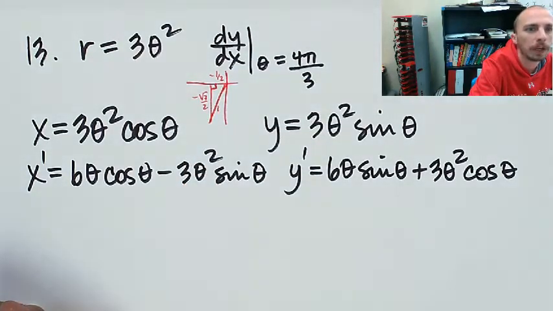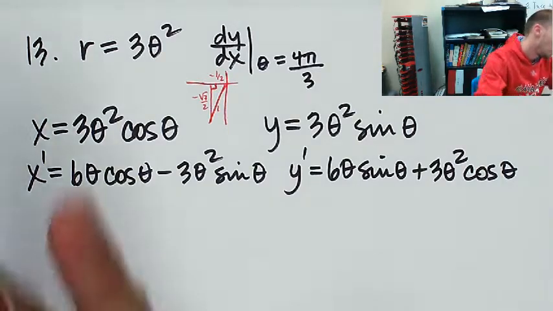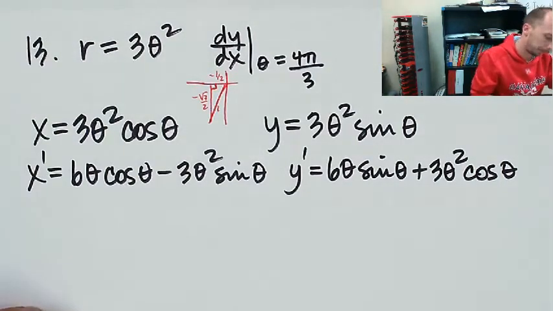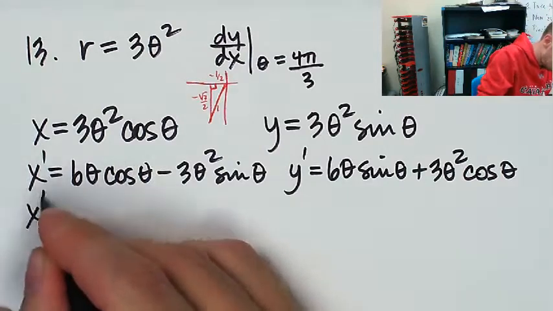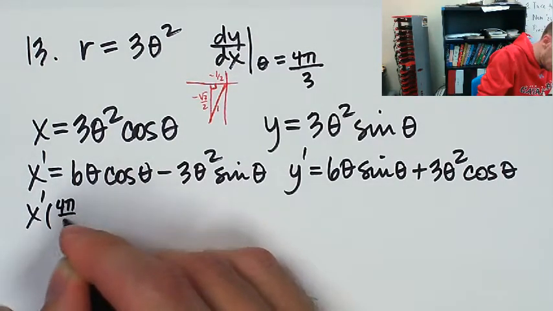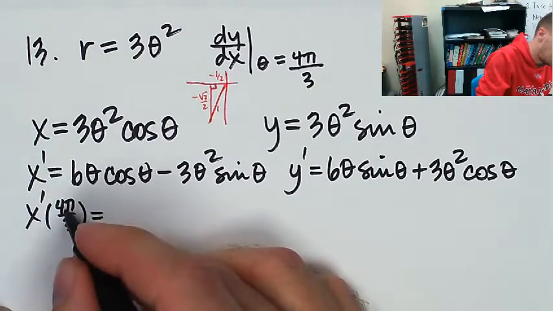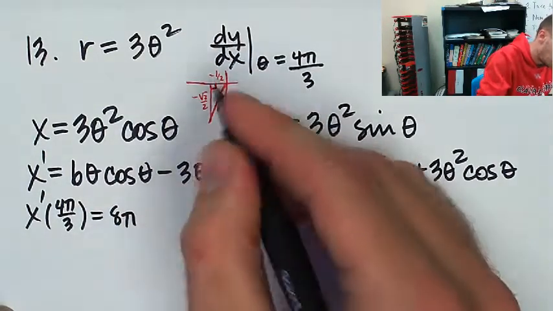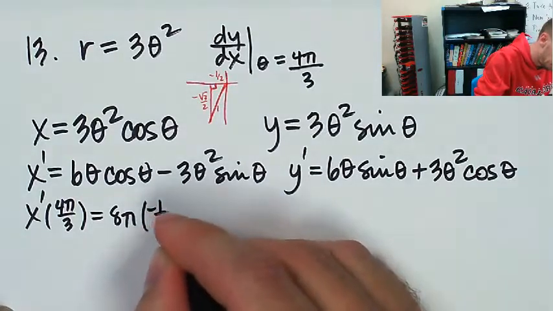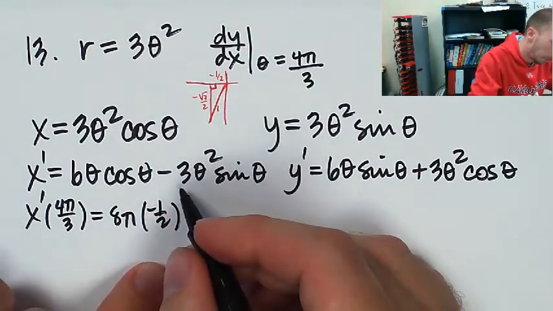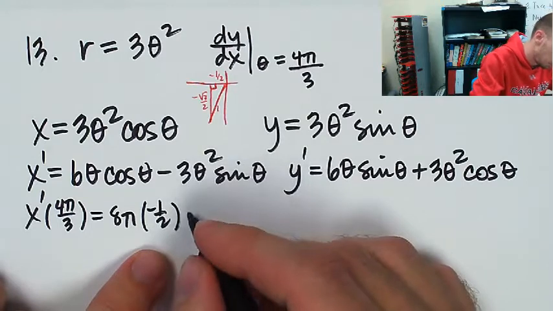Both the cosine and sine will be negative because I'm in the third quadrant. Now, all right, 6 times 4 pi over 3 is 6 over 3 is 2, so that's 8 pi. Cosine was negative a half. Minus 3 theta squared. Ooh.